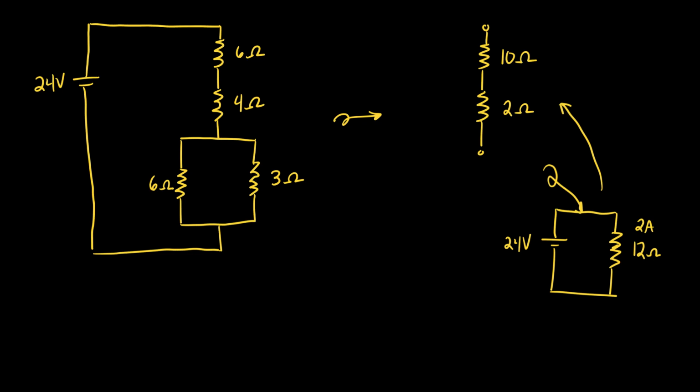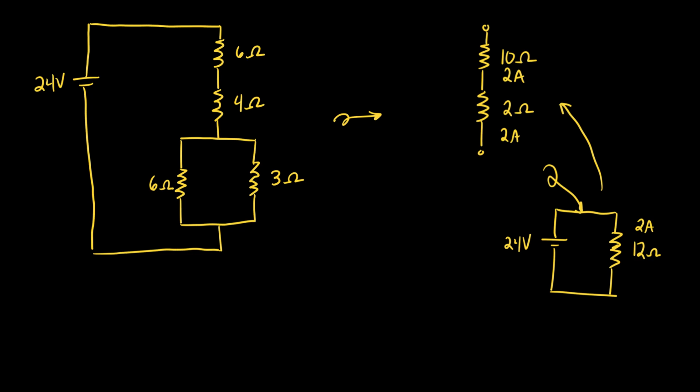So when I step back to an element and it's in series, series elements have the same current in the same way that series capacitors had the same charge. So these two elements are in series, they will both get the same current. Again, when you step back to a series element, series elements have the same current passing through them. So I apply the current to both.